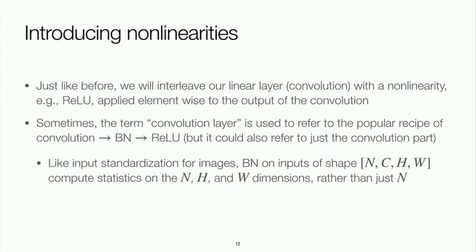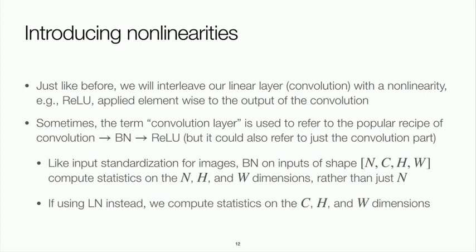Here, when we do batch normalization, we usually compute statistics across N, H, and W rather than just N. So we're actually only going to get C, which is usually 3 for images, which is why I held up 3 fingers just now, but whatever C is, we're going to get that number of normalization statistics, that number of means and standard deviations that we're standardizing by. And then for layer norm, we usually compute statistics across C, H, and W, rather than just something like C, in order to get the statistics that we're going to normalize by.